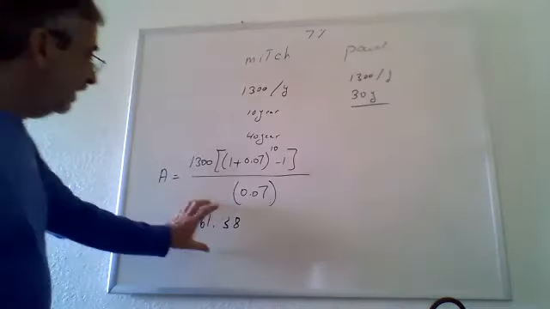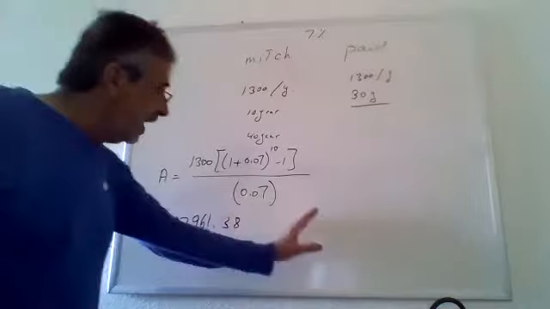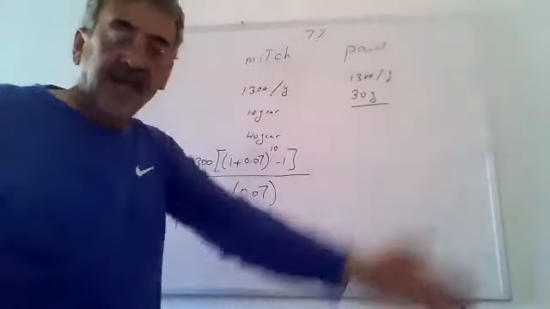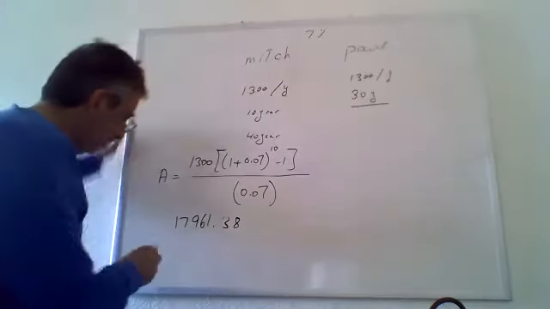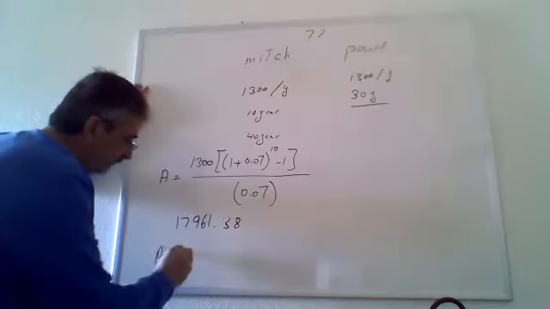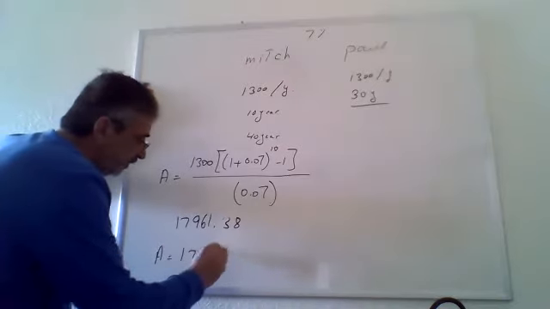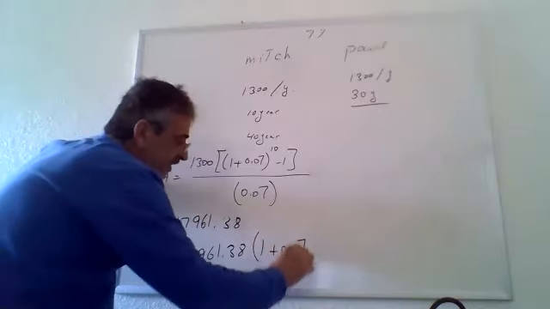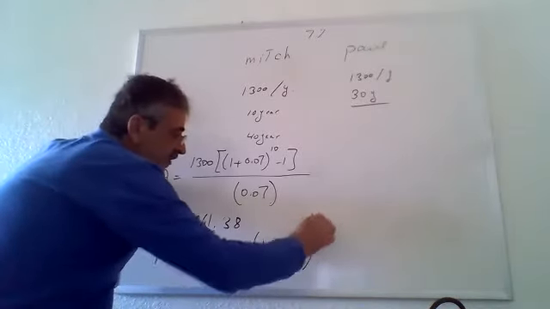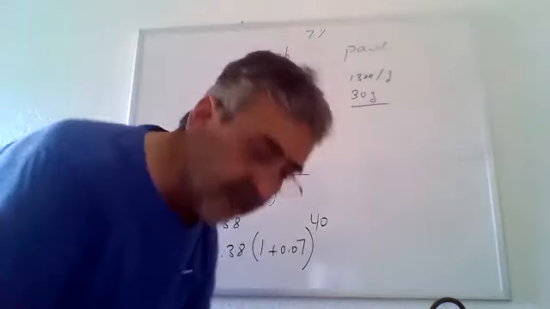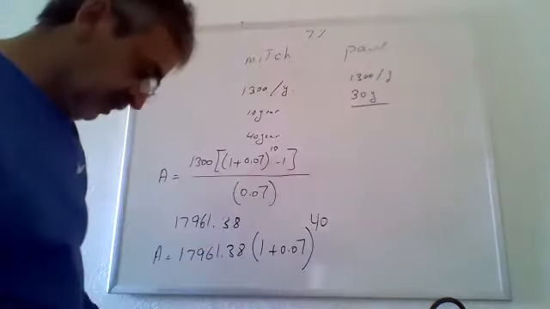All right. Now, this money stayed in the bank at 7% interest for another 40 years. So the final amount equals 17,961.38 times 1 plus 0.07 to the power 40, because that money stayed in there for 40 years, correct? Yes, sir.